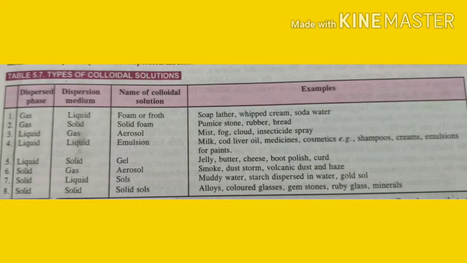The types of such solutions based upon the nature of the dispersed phase and dispersion medium are given in the table of types of colloidal solution. So first we study the first column for the dispersed phase, second for the dispersion medium, and then the nature of colloidal solution with some examples.